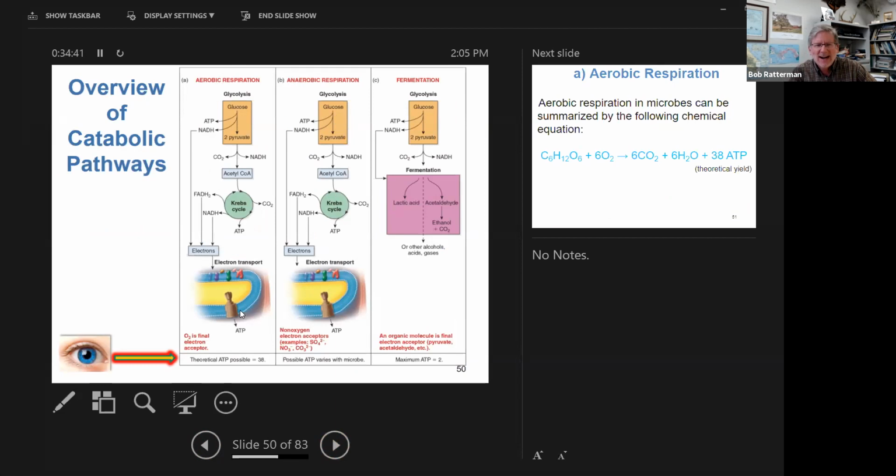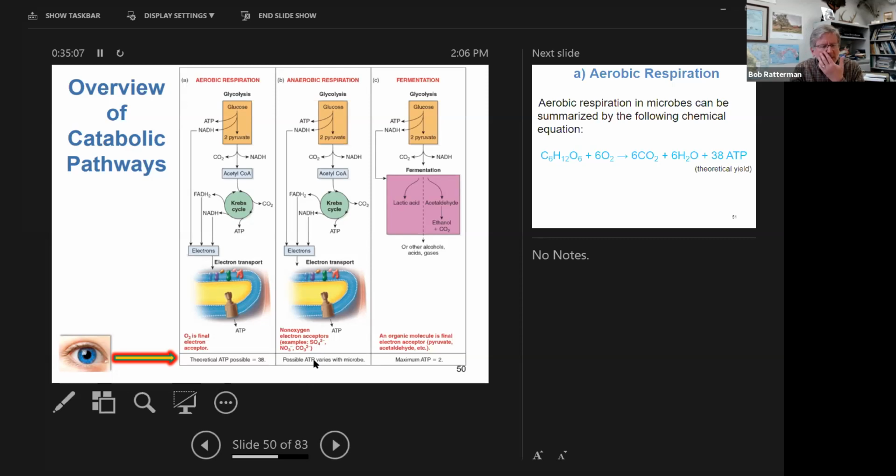But instead of having oxygen as a final electron acceptor in the production of water, in an anaerobe, it's other compounds that ultimately acquire those electrons at the very end. And things like hydrogen sulfide and nitrates and nitrites are produced. Different chemicals are produced by anaerobic bacteria.